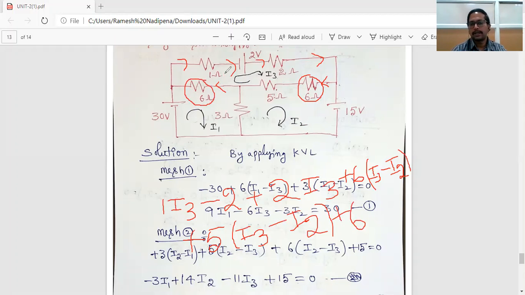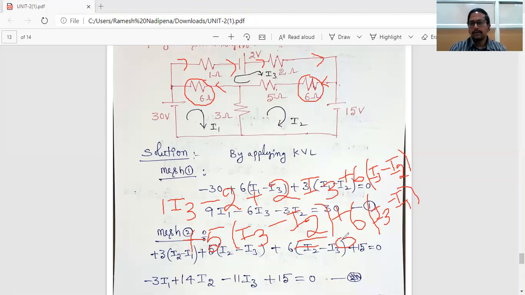But we are writing the third mesh equation, so this mesh current is more than any other mesh current. That's why 6 into I3 minus I1, equal to 0. This is the KVL expression, the mesh 3 equation.